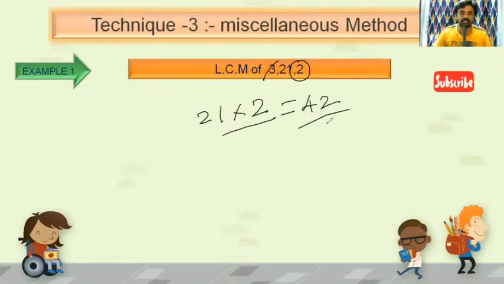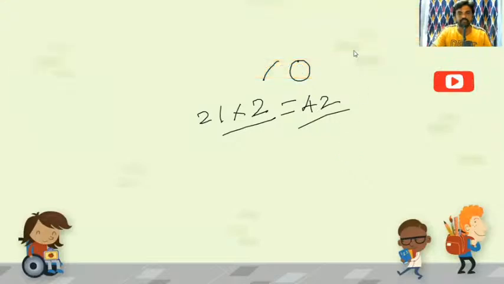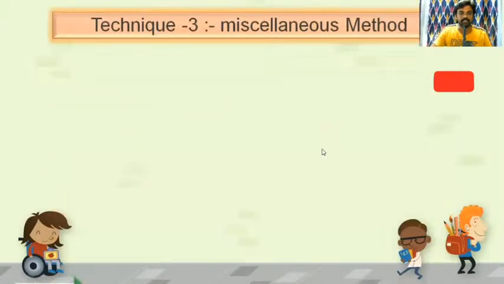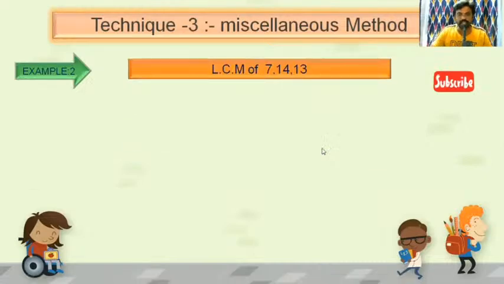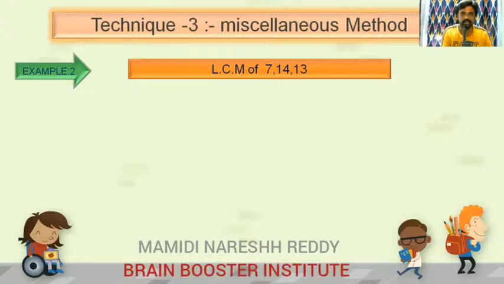Let's go to the next problem. In example 2, the LCM of 7, 14, 13. In the same process, 14 is the biggest number, and 7 is a factor.